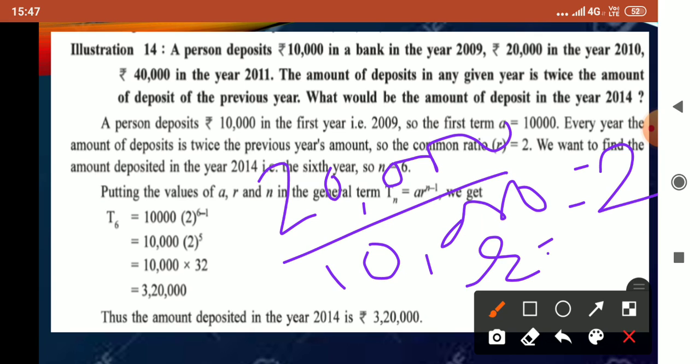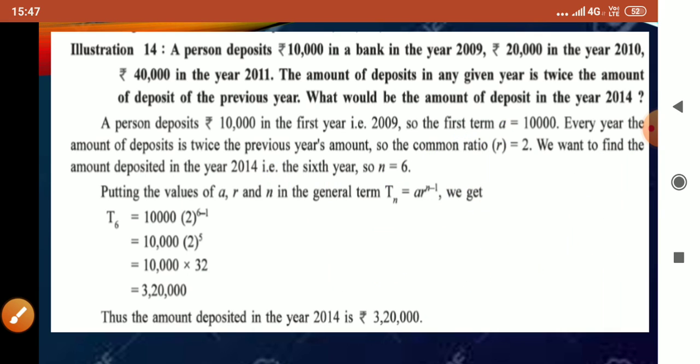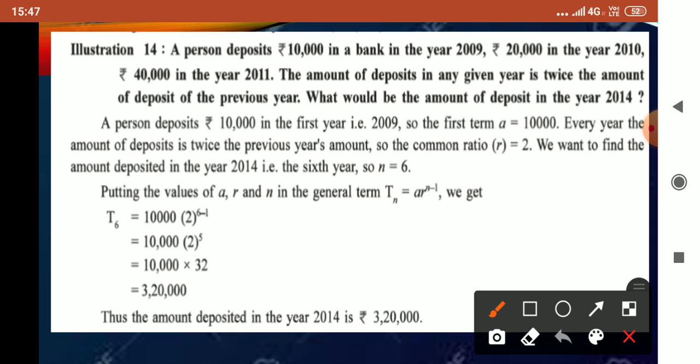So my R equals 2. The amount deposited in a given year is twice the amount we have already found, that means your R will be 2.